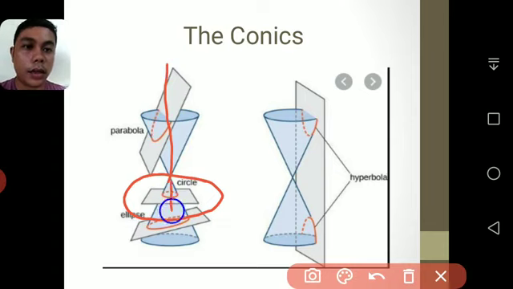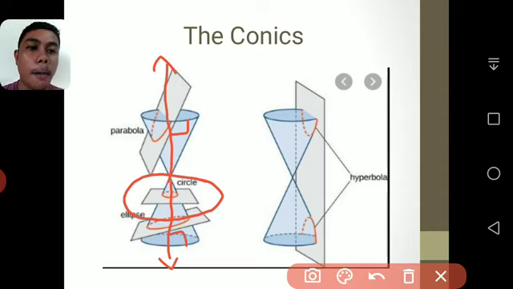Just imagine a straight line pinching through the two cones, and this is perpendicular to the bases of the two cones there. So the circle there is perpendicular to the imaginary line called the altitude. Okay, so that's the circle.